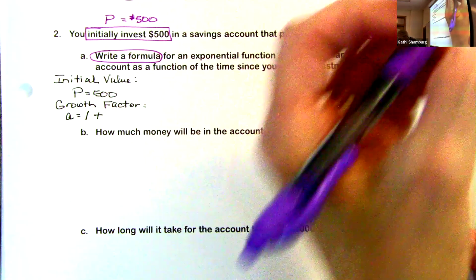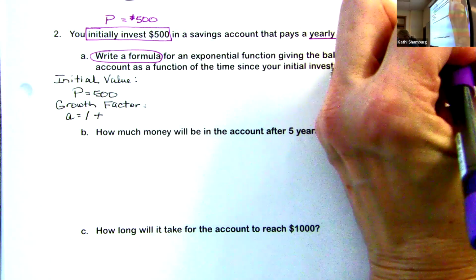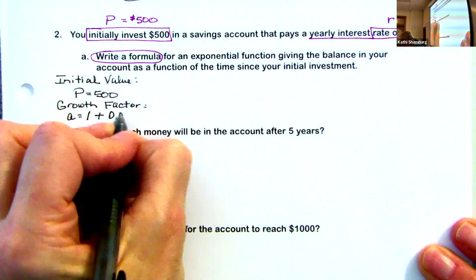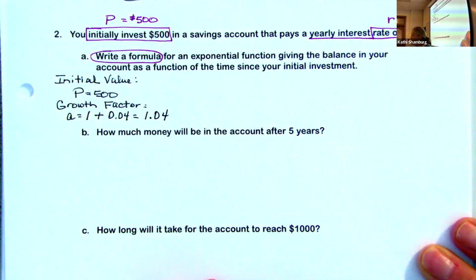And what number will I use? 0.04. So 1 plus 0.04, so we get 1.04.